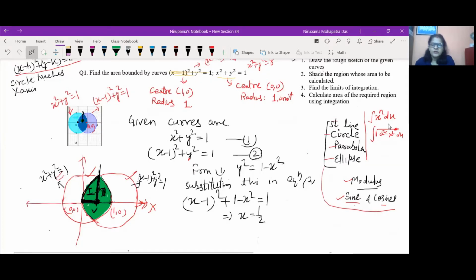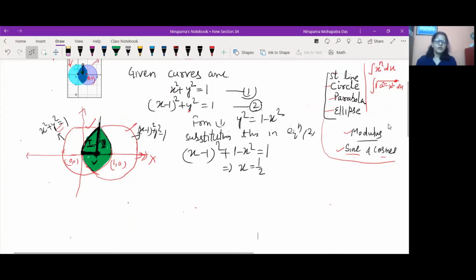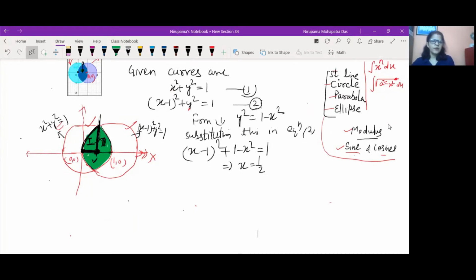So x equal to 1 by 2. Here, I am writing x equal to 1 by 2. This vertical line represents x equal to 1 by 2. Now, what we need to take for the area is very clear from the rough sketch.